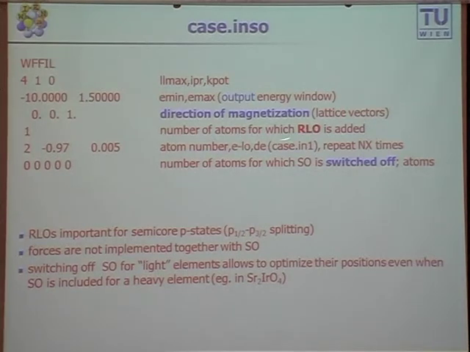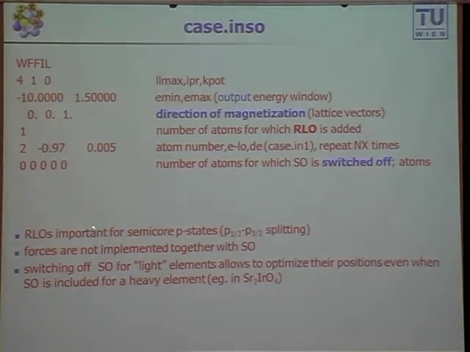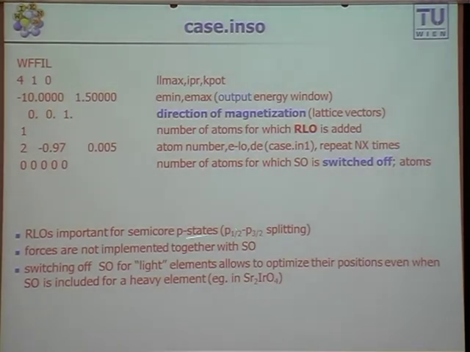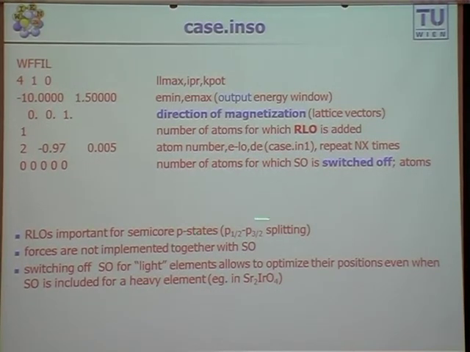It's only interesting for elements which have p states in a semicore region, that means at low energy, minus 10 electron volts or so, where this p1/2 and p3/2 splitting is very important and present. And a computational trick, if you want, allows you in this line to switch off spin-orbit coupling for certain atoms. Why would you do this?